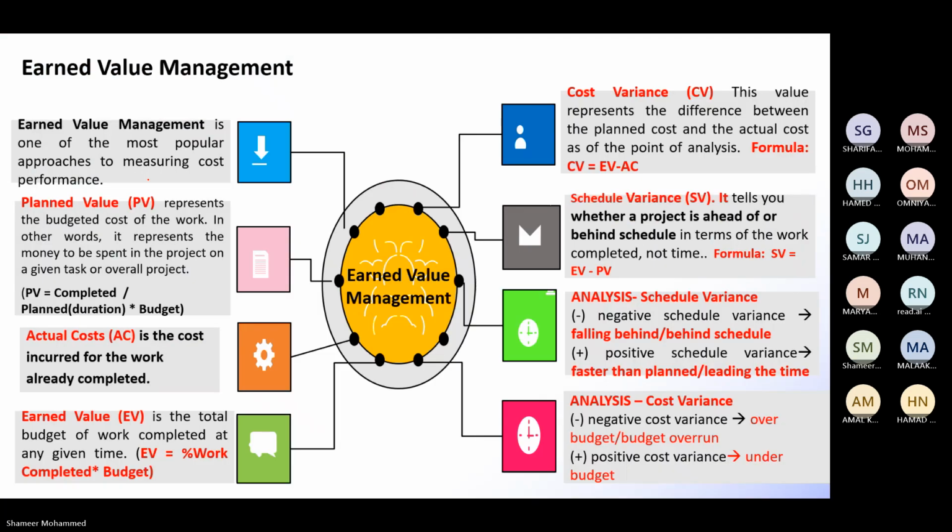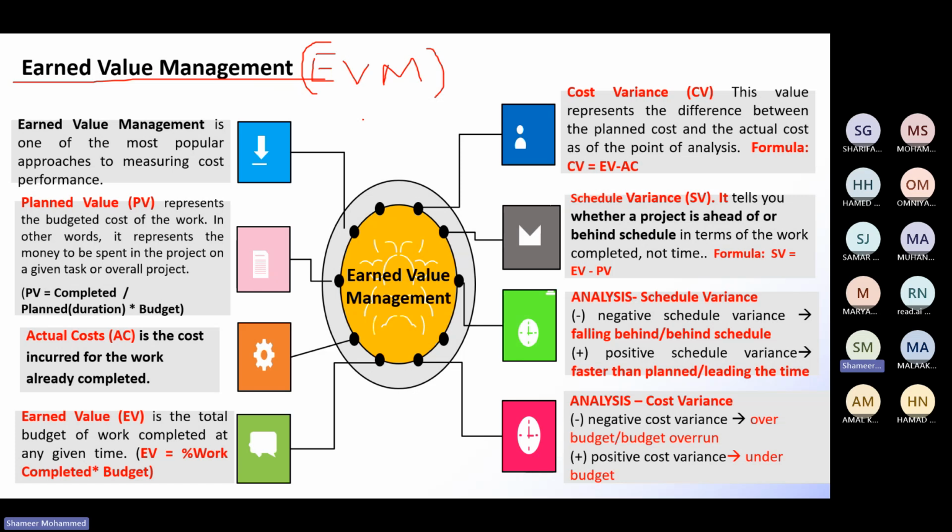This is the most important tool, which is known as EVM, Earned Value Management. This will be done practically using Oracle Primavera. Also, you can solve this problem today.